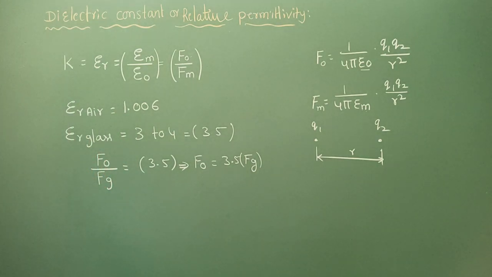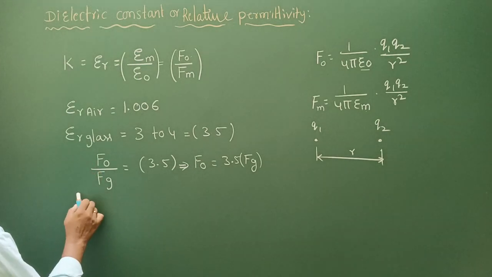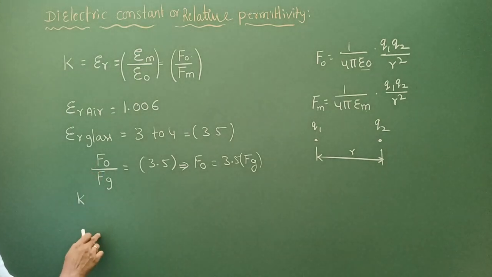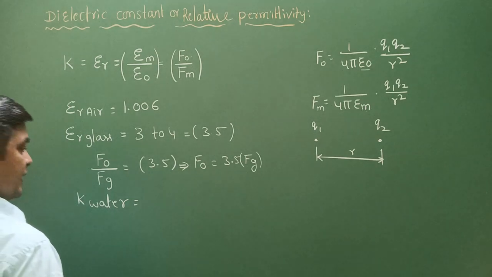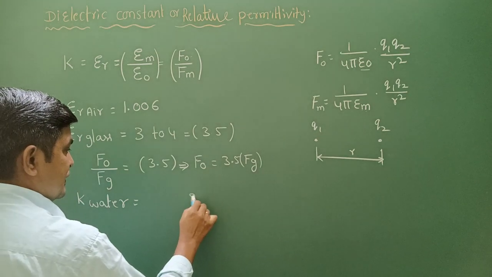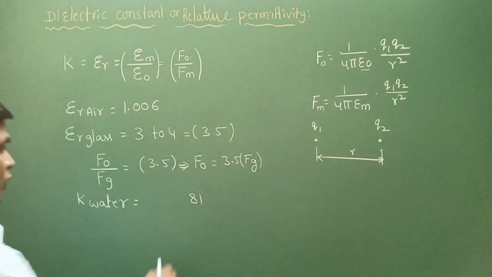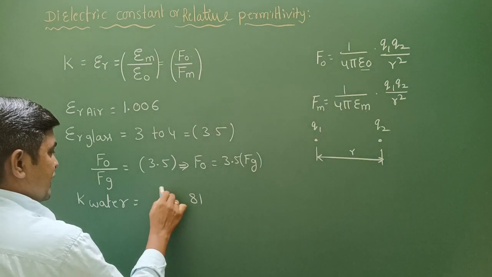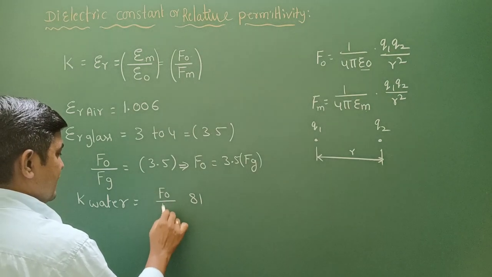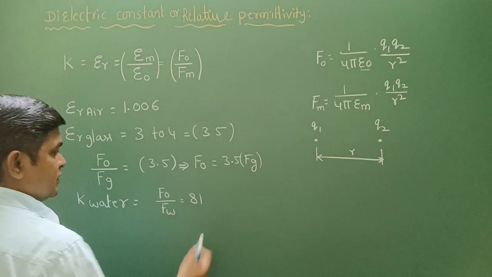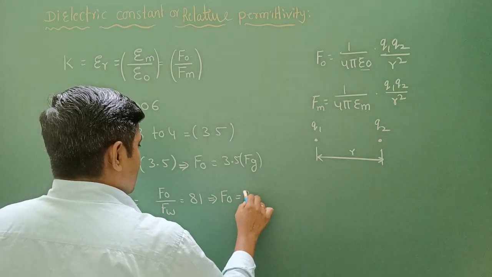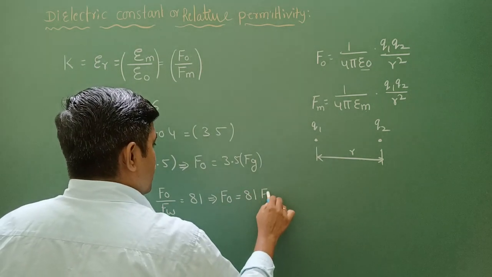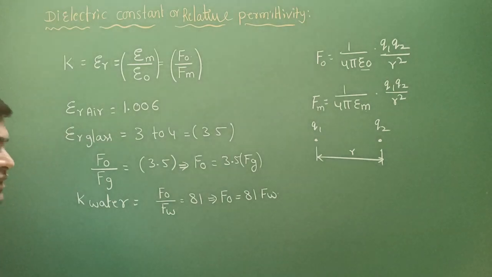If it is the case of water, the relative permittivity or dielectric constant of water is 81. What can you understand? F naught to F of water equals 81. Then F naught equals 81 times the force in water between the same two charges.